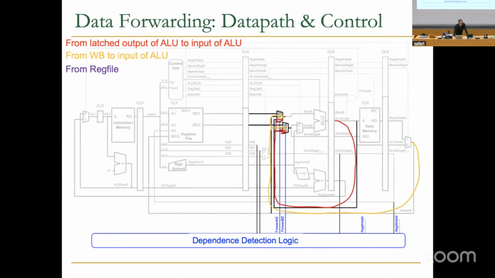And then there's another forwarding path from here to here also. We're widening that multiplexer now, because the value can also come from an instruction that has moved over here and also has done the computation, but has not written back to the register file yet. But we want to capture that value with another path. So we send that value, widen this multiplexer, and change the control logic such that we decide which value to take.